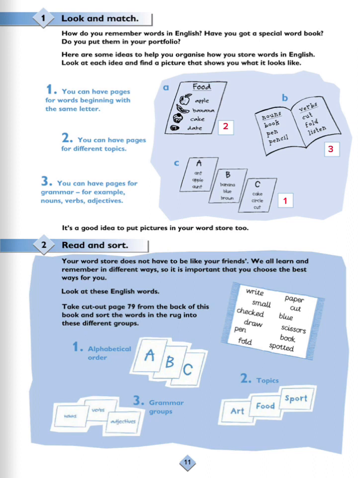Exercise number 2. Read and sort. Your word store does not have to be like your friend's. We all learn and remember in different ways, so it's important that you choose the best ways for you. Look at these English words. Take cutout page 79 from the back of this book and sort the words and the rug into these different groups.